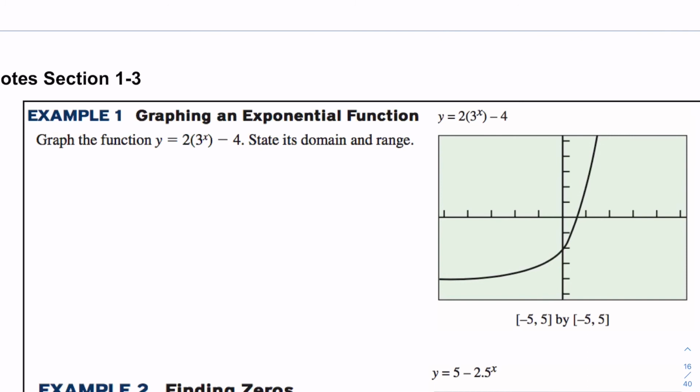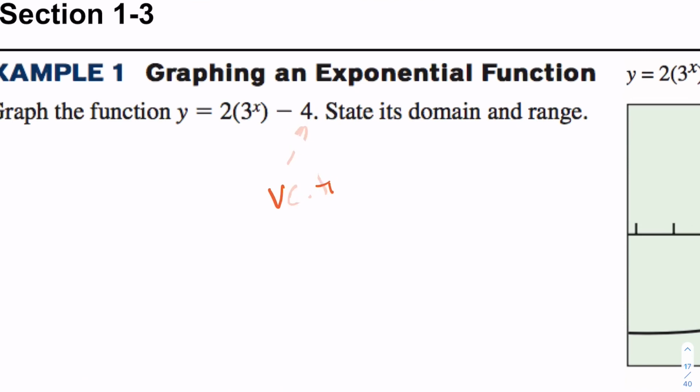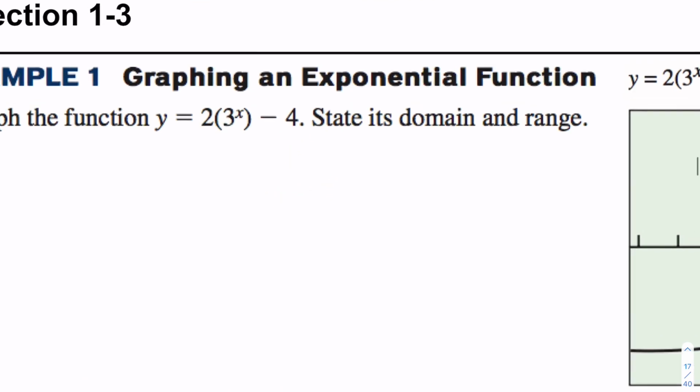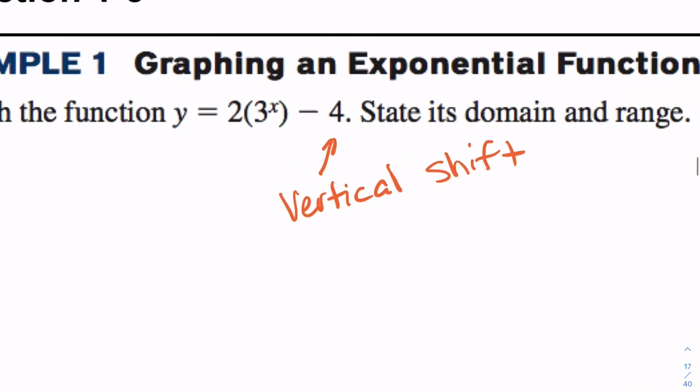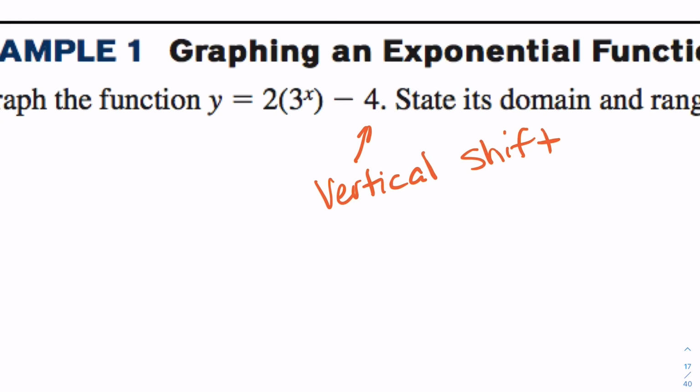What we have is a vertical shift of negative 4, and we have 3 to the x, but we also have a 2 in front of it.